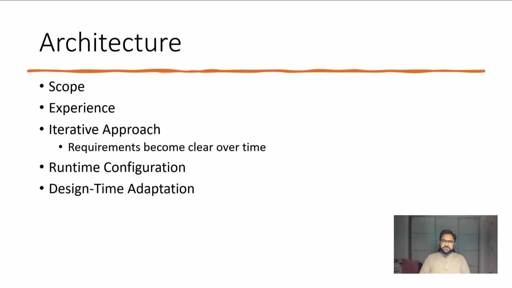But the main thing when architecting a commercial solution is to make a decision on what should be a runtime configuration and what should be a design time adaptation. So what do you mean by runtime configuration, right?